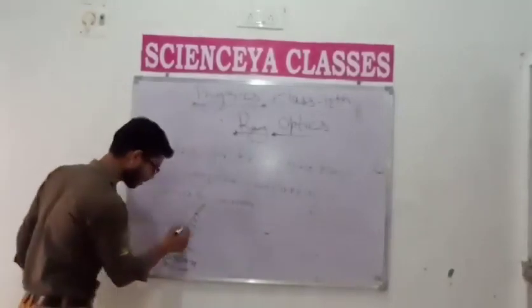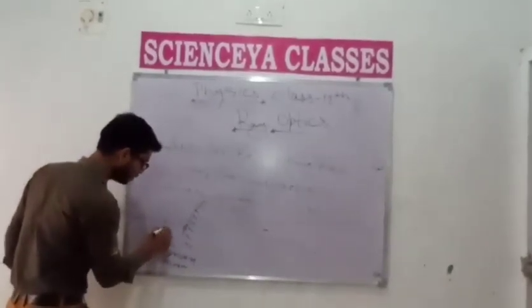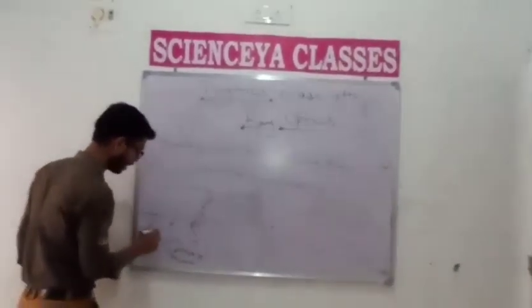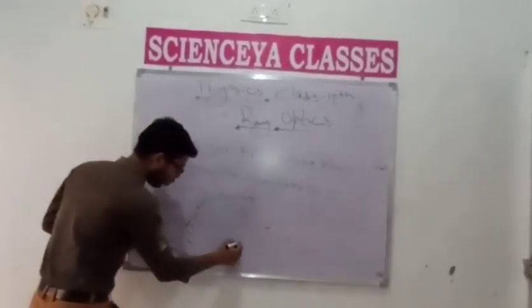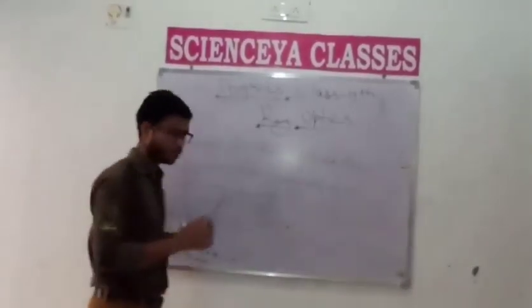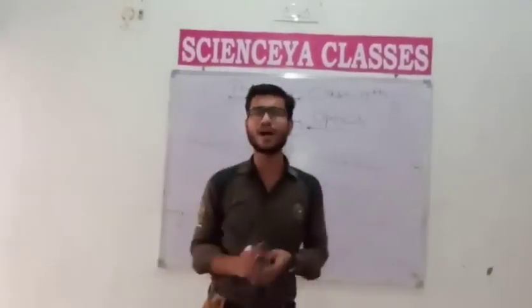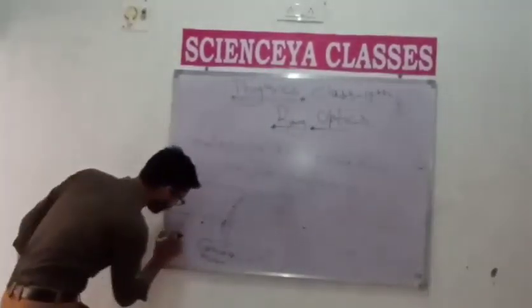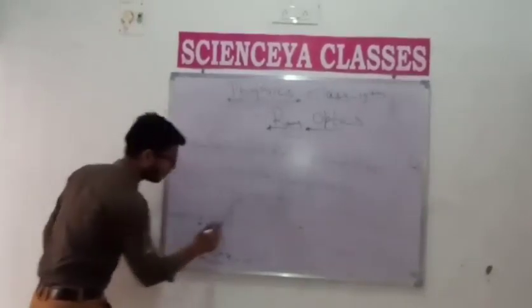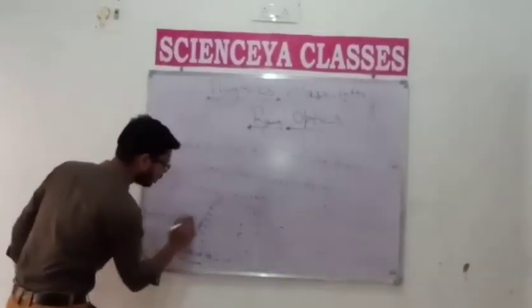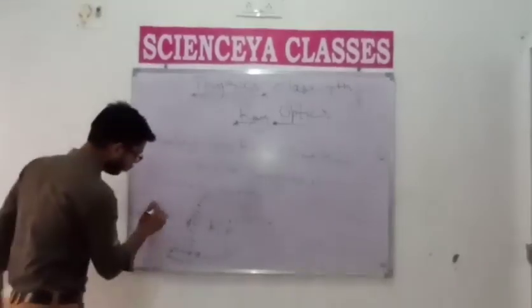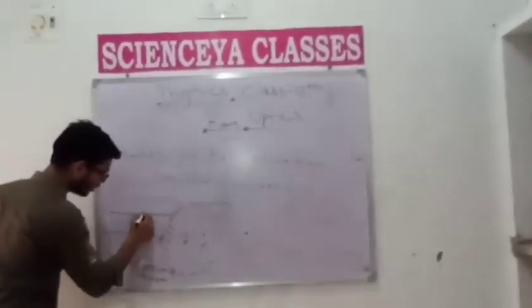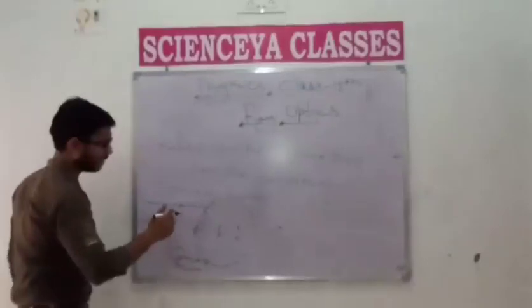Okay, friend? This is the principal axis, this is the principal focus, this is the center of curvature. Now student, note down that this convex mirror is formed by a sphere. You imagine it in 3D. So here the center of curvature is not on the left side, it is on the right side, and also the focus is on the right side. Suppose a ray of light is incident on the surface of the convex mirror.